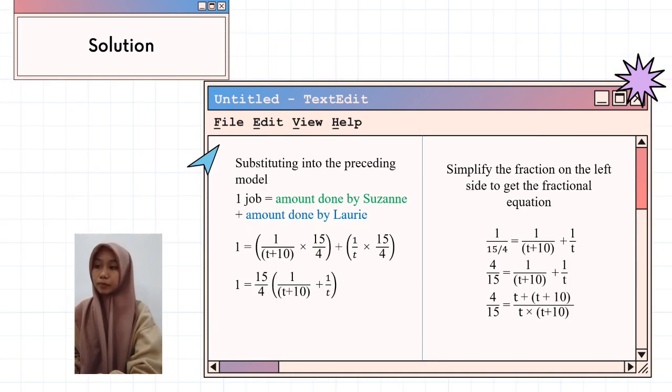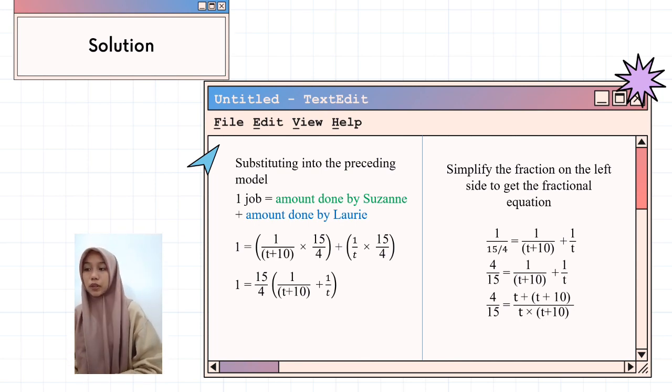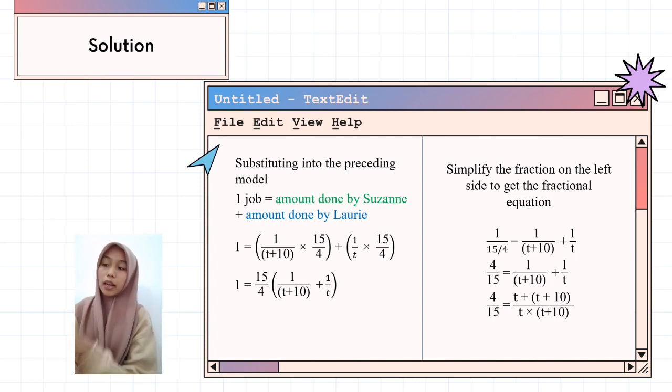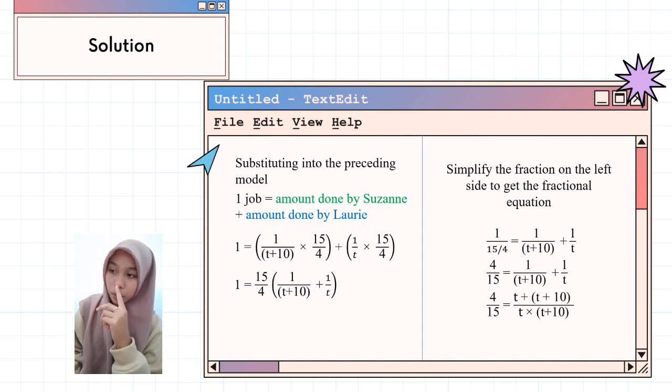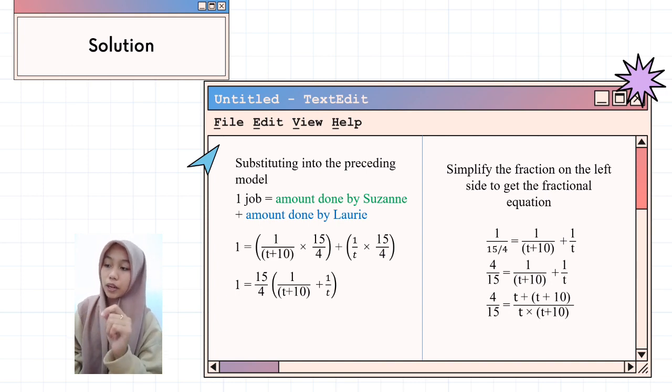Next, substituting into the preceding model, one job equals the amount done by Susan plus the amount done by Laurie. So 1 equals 1/(T + 10) times 3/4 plus 1/T times 3/4. So 1 equals 3/4 times (1/(T + 10) + 1/T).